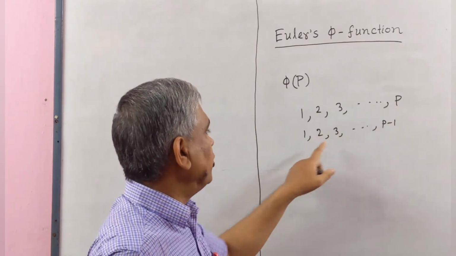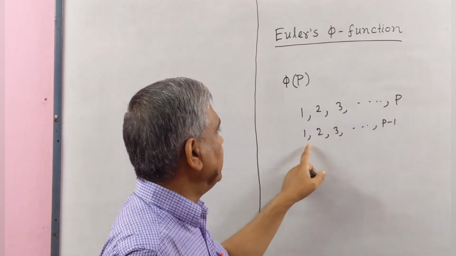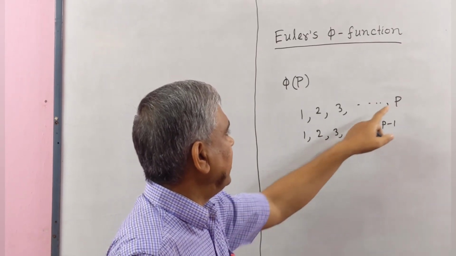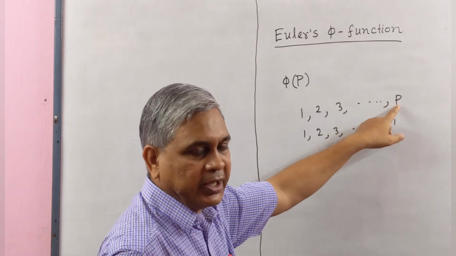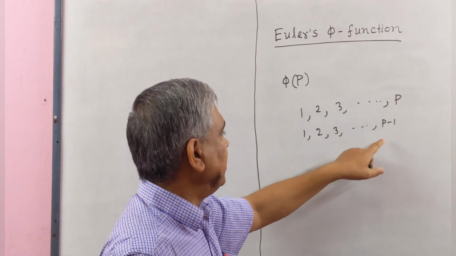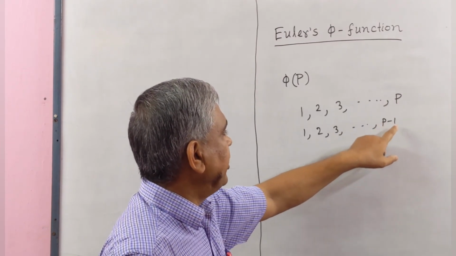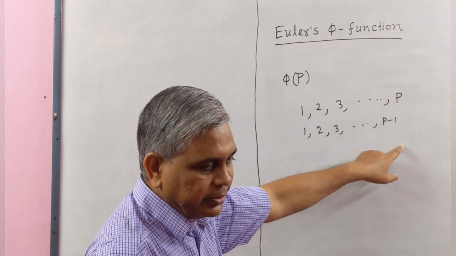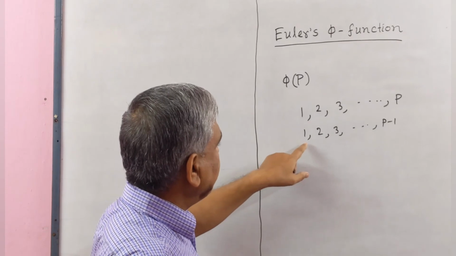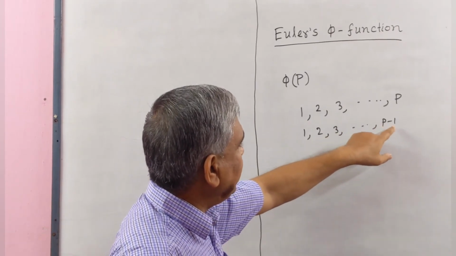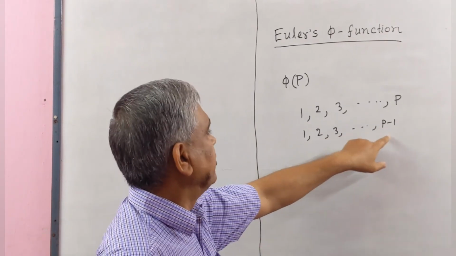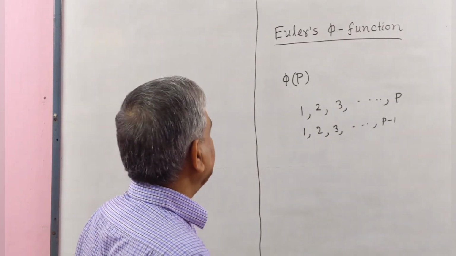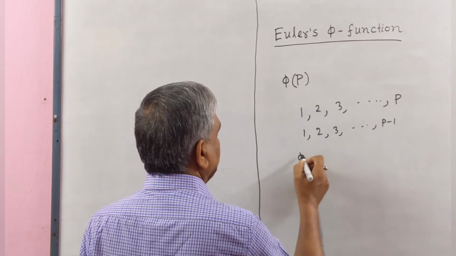Means GCD of 1 and p is 1, GCD of 2 and p is 1, GCD of 3 and p is 1, since p is a prime number. Similarly, GCD of p minus 1 and p is 1. That means we get p minus 1 numbers which are prime to p. That means phi p equal to p minus 1.